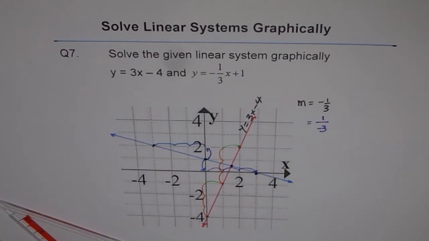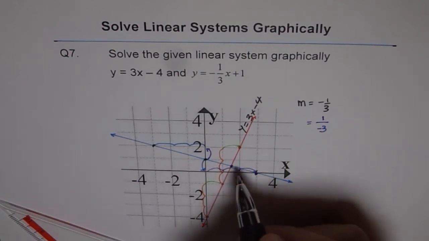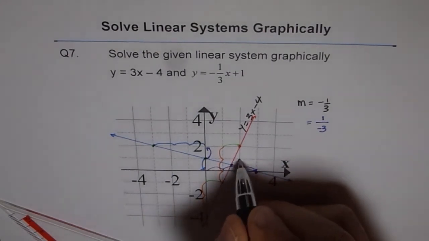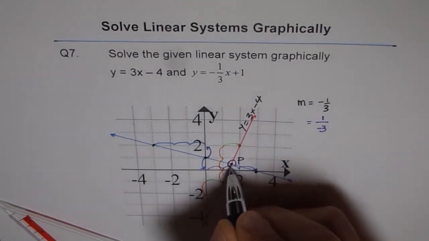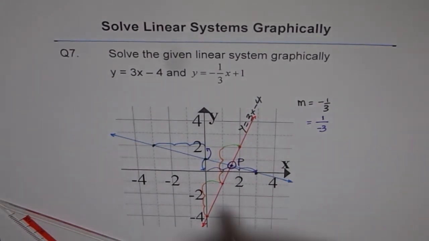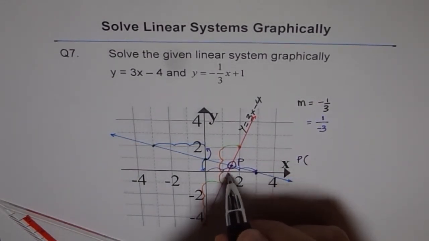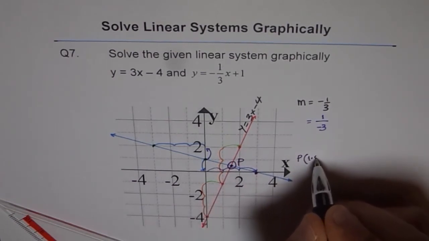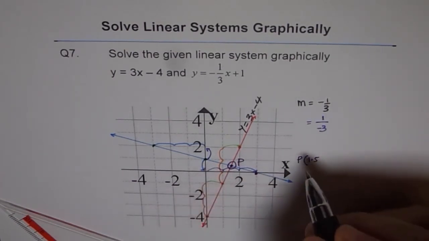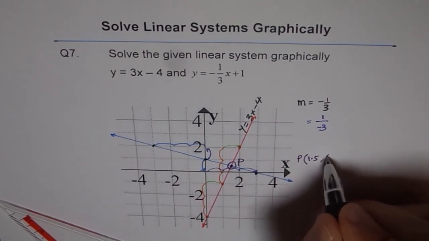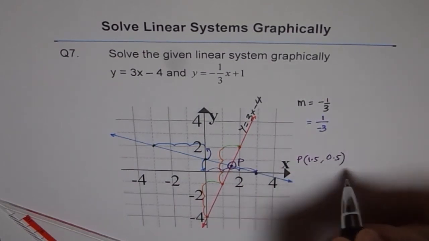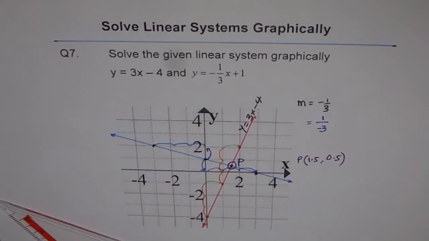So let me put x as 1.5. And so we have to make a judgment here and say the point of intersection is here, and that's our solution. To write it in coordinates, we'll say x is 1.5 and y value is 0.5. So that is our solution from the graph. That's the best we could give from the graph.